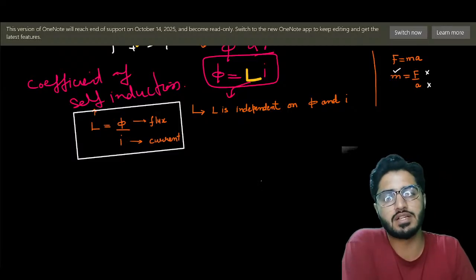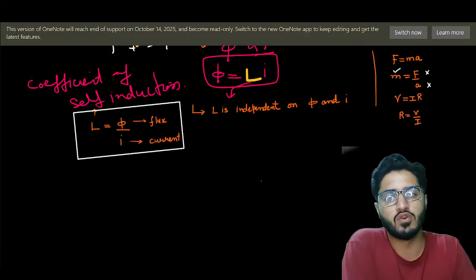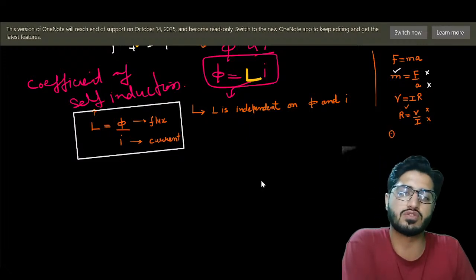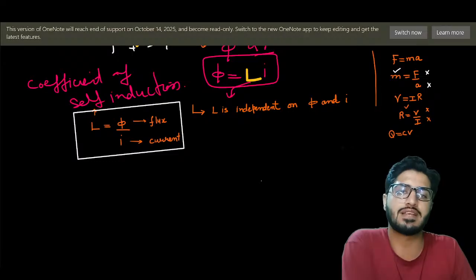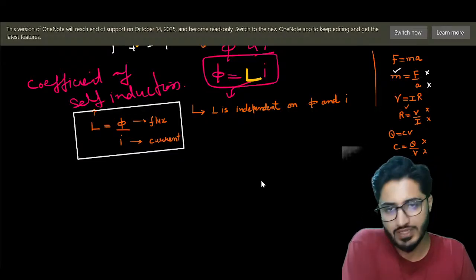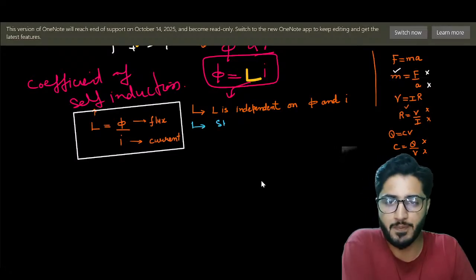One more example: by Ohm's law, V equals IR, so R is V by I, and resistance is not dependent on voltage, neither on current. Also Q equals CV from the capacitor chapter, so capacitance is Q by V. It is not depending on charge or on potential difference. In the same way, here L is independent of flux and current, but it does depend on shape.